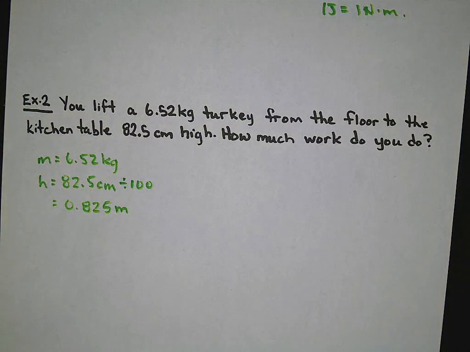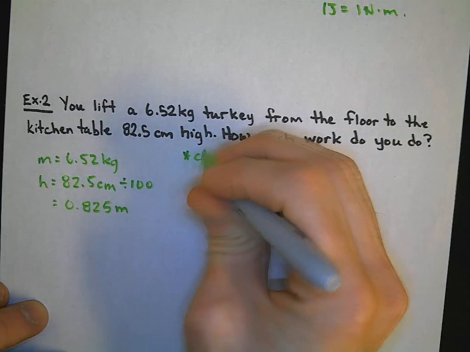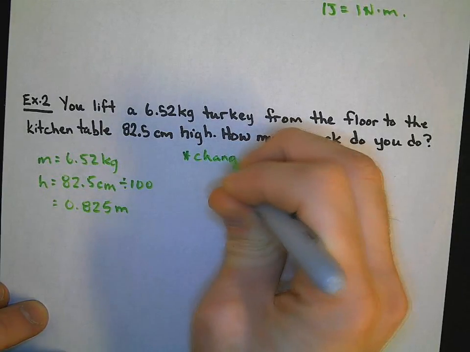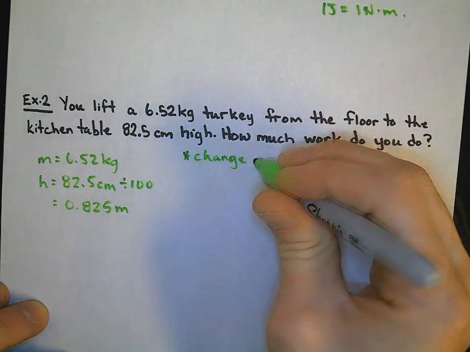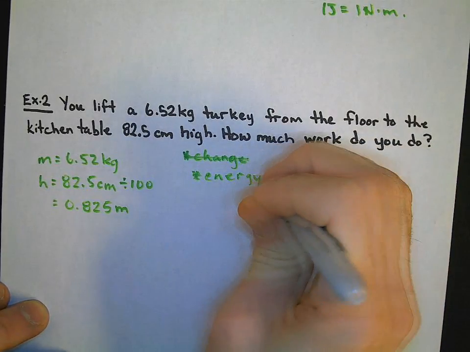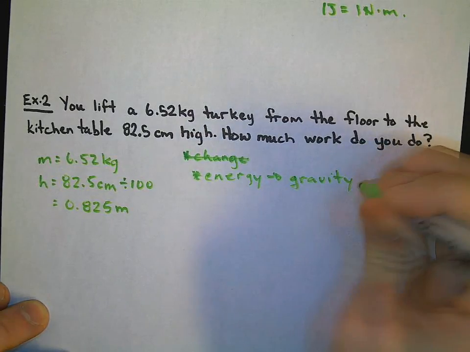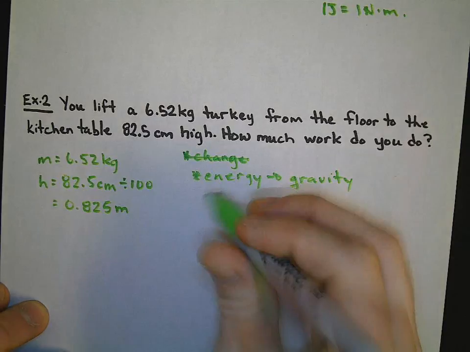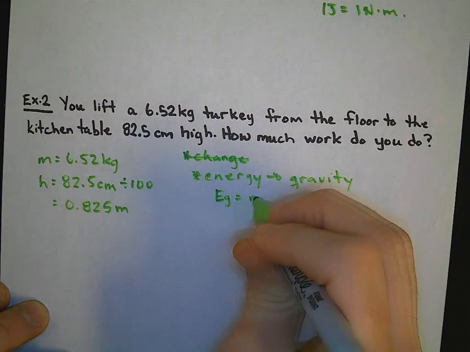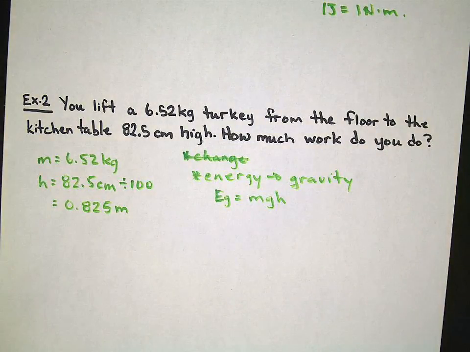Let us now calculate how much work we do. Now remember, work is the transfer of energy. The energy that we're looking at in this case is gravitational, and gravitational energy is mass times g times h.